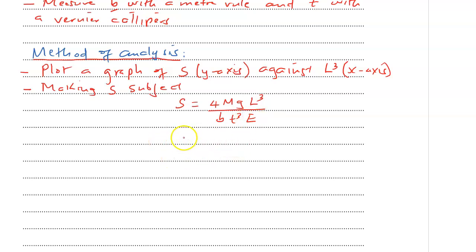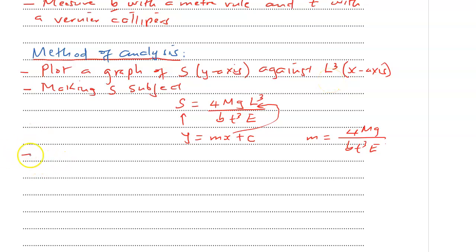Of course, when you compare this to a straight line equation, y is equals to mx plus c, then of course y is S, x is L cubed, and therefore the whole of this, that is the gradient, which is m, is equals to 4mg over BT cubed Young modulus. So the whole of this is the gradient if you plotted S against L cubed.